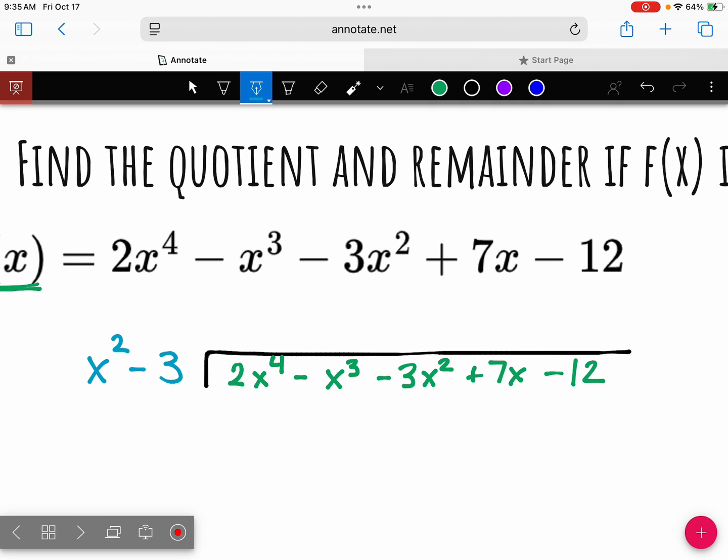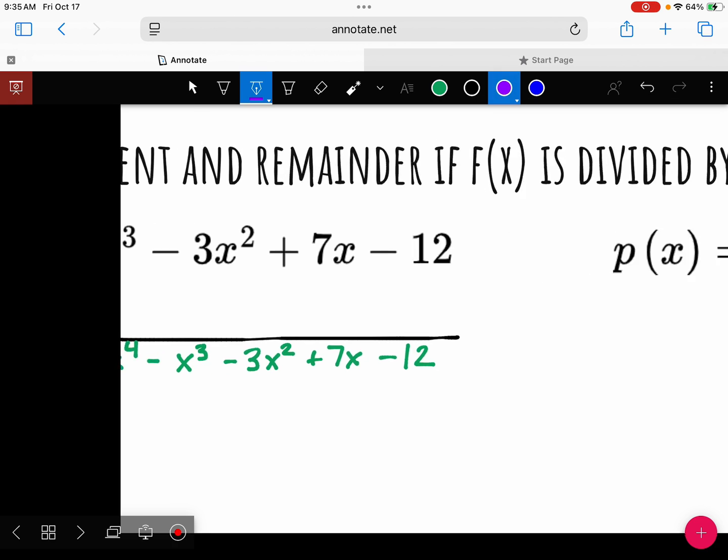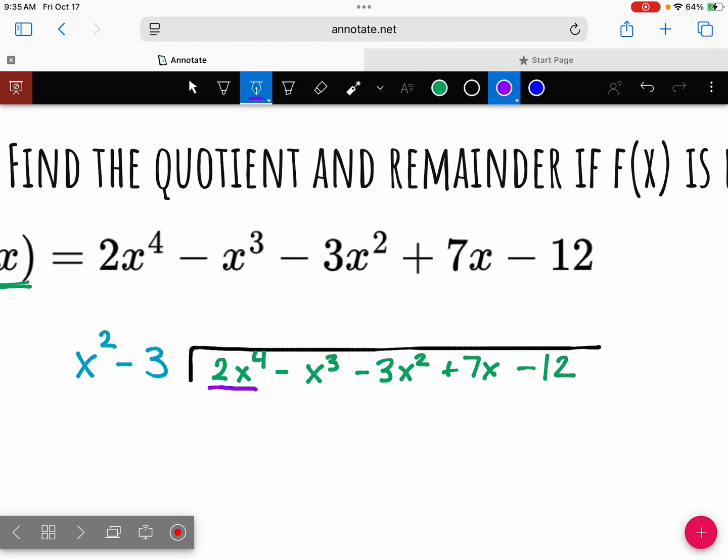So, look at our first term and our first term. First thing we need to do is figure out this divided by that. So we're going to check our first term divided by our first term.